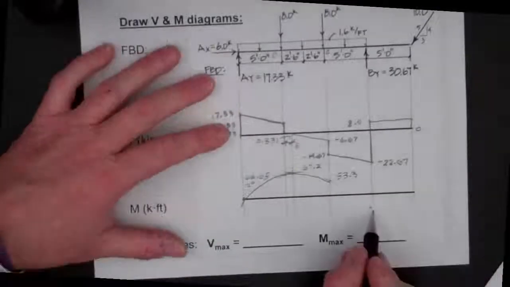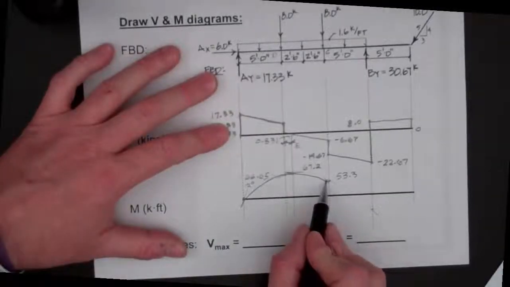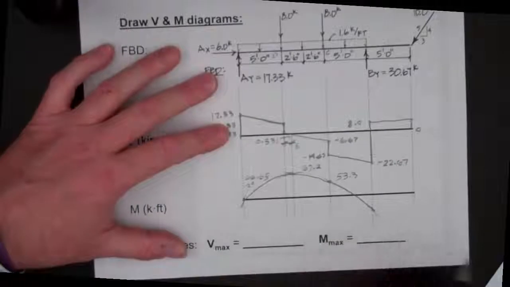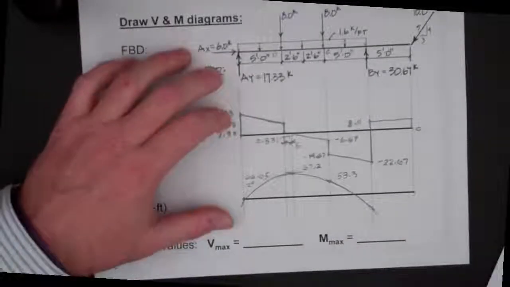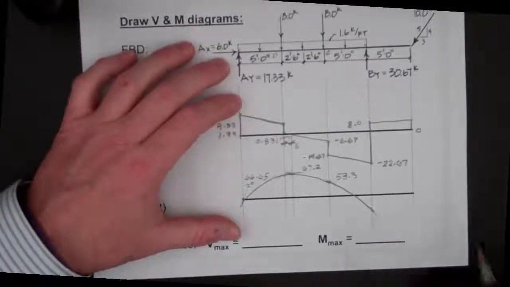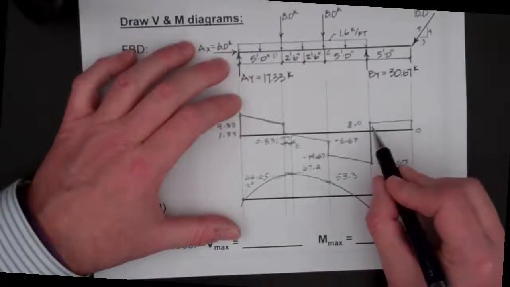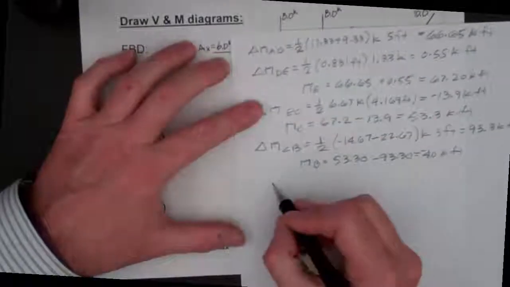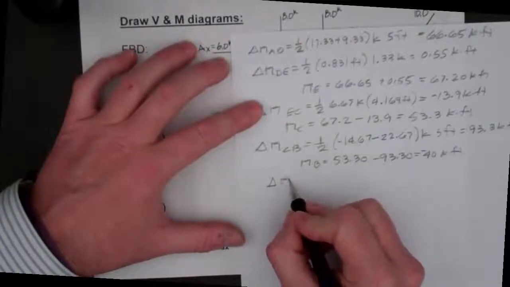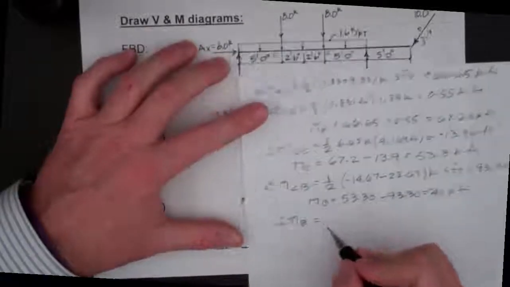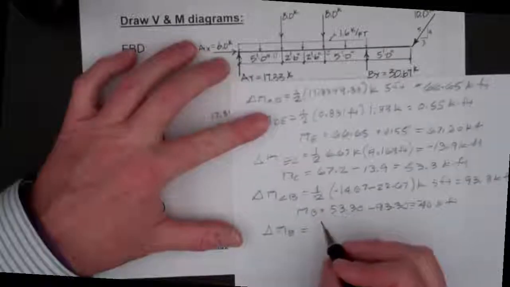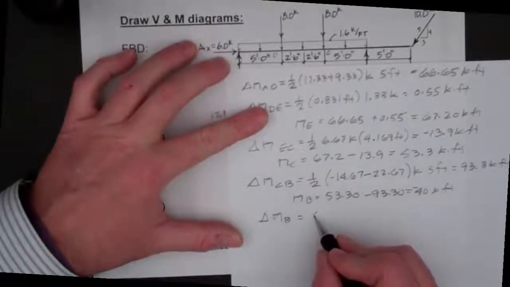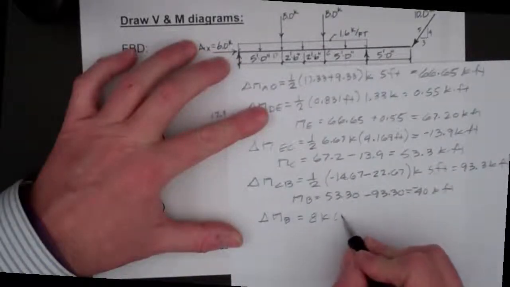So the slope here is going to be steeper, so the new curve will be another second-degree curve from point C to B. And finally, we'll note that our last area to solve for will be the area of the rectangle from B to the end of the beam. So the change in moment is going to be the area of the rectangle at 8 kips times the length of 5 feet.